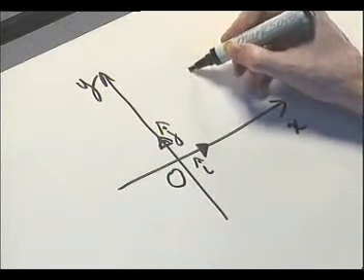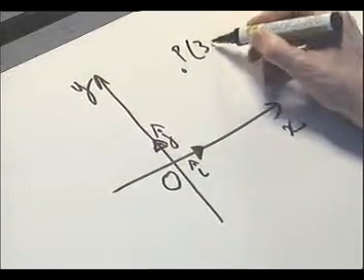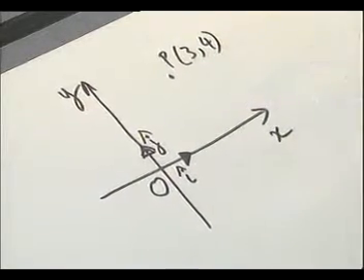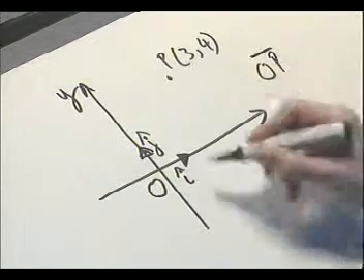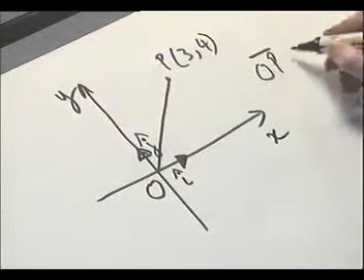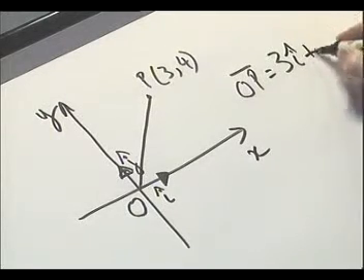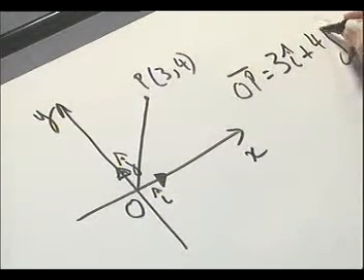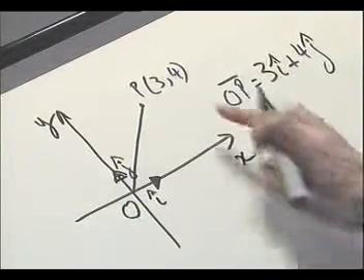So, if we have a point P, and let's say the coordinates of that point are 3, 4, then the position vector of P, which remember is that line segment joining O to P, is 3i plus 4j. Notice the crucial difference.